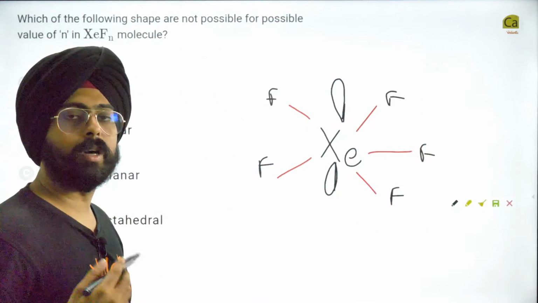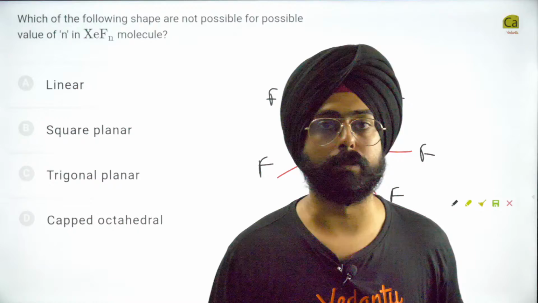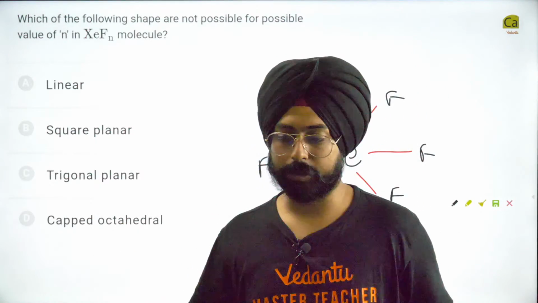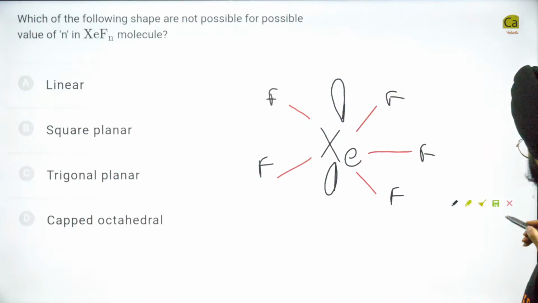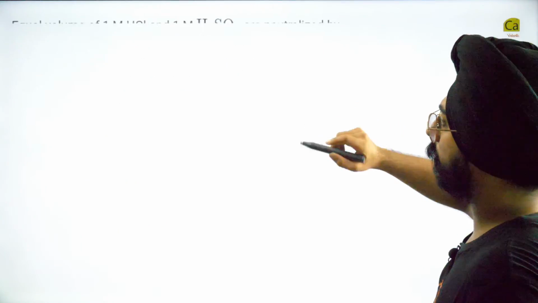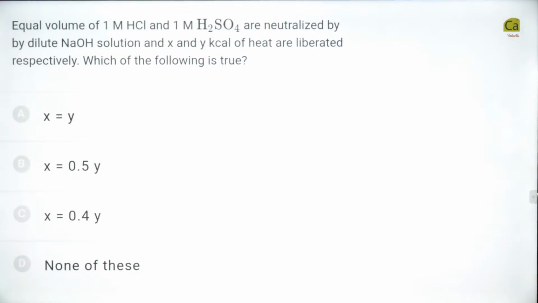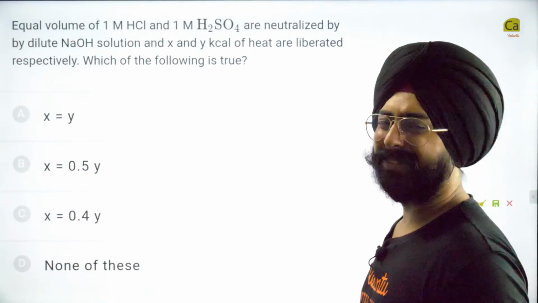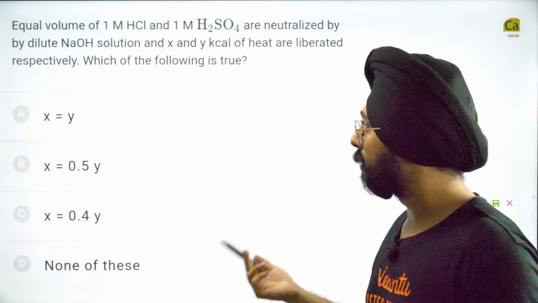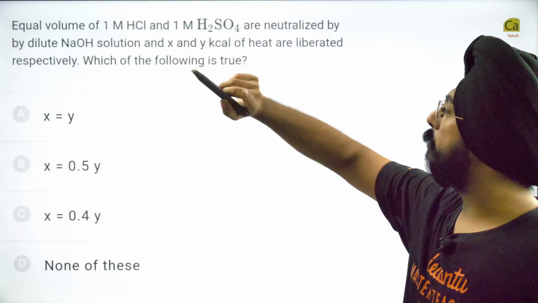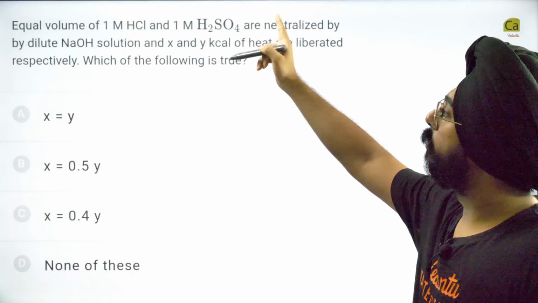So this becomes a pentagonal planar system. You can call it pentagonal planar. Okay, let's move ahead. It's a very unlikely molecule. It doesn't really exist.